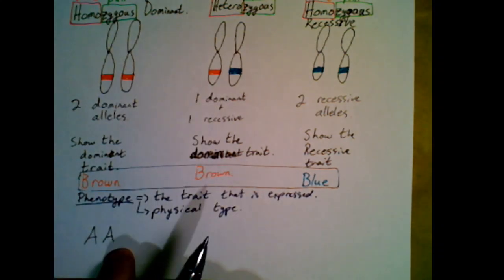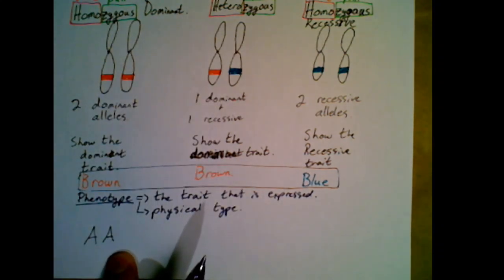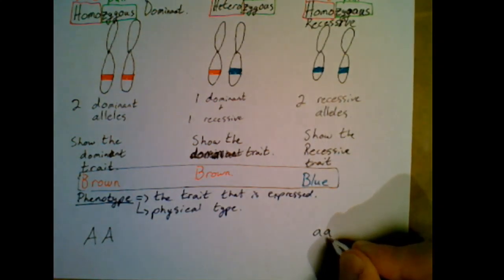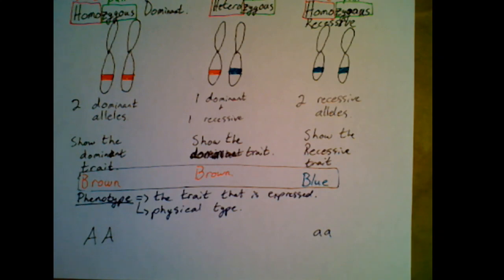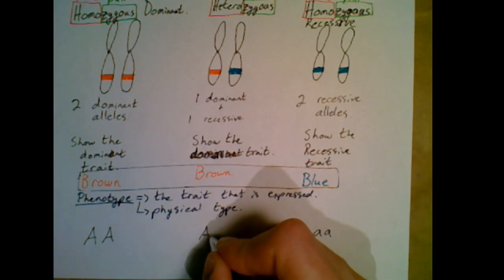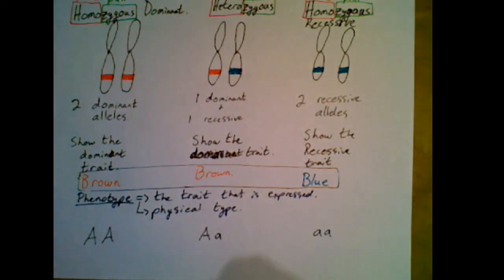So this person has two dominant alleles, so I would draw two capital letters. This person has two recessive alleles, I would write two lowercase letters. This person has a dominant and a lowercase, so you write a capital letter next to a lowercase letter. Notice that I use the same letters every time, A's, but I just changed whether they were capital or lowercase. When you have heterozygous, we always write the dominant letter first because it hides the recessive one.